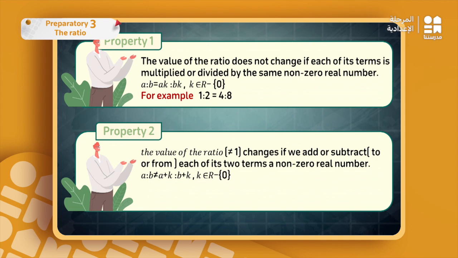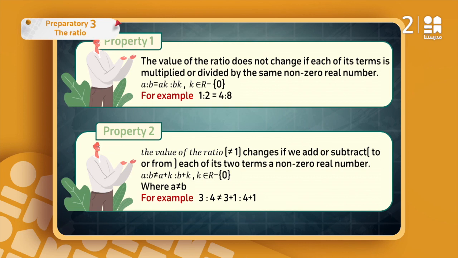If we add or subtract to or from each of the two terms of the ratio a non-zero real number. يعني لو عندي ratio two terms A and B وعملنا لهم plus K لل first term و plus K لل second term such that K belongs to R star، ال value of the ratio هتتغير.